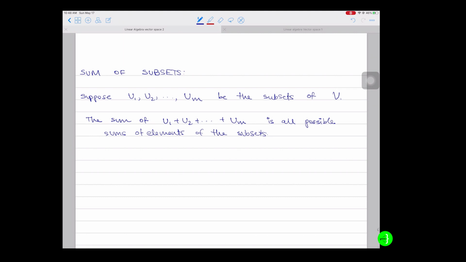It is not very clear by the definition what it means, but I'm going to give more examples and we'll talk about this more in this video. So this means that it is u1 plus u2 plus so on till um, such that u1 belongs in the set U1, and so on. It is really vague from the definition, so let's talk more about the sum of subsets.